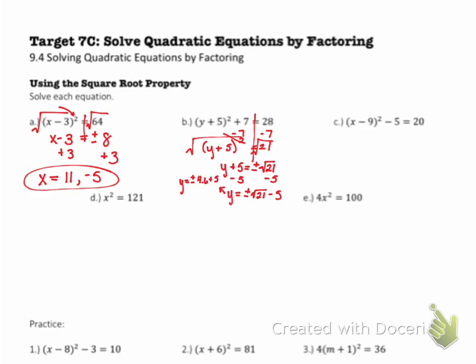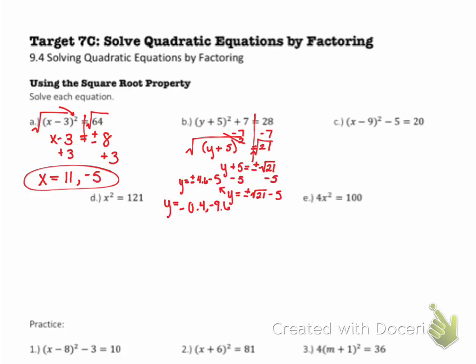Oh wait, I did plus 5, that should be minus. So I just realized I did that wrong, so that'd be minus 5. Okay, so then my 2 y values would be negative 0.4 approximately, or negative 9.6.